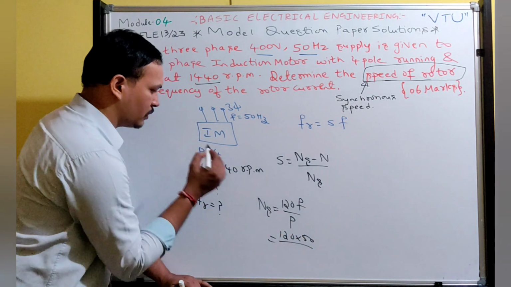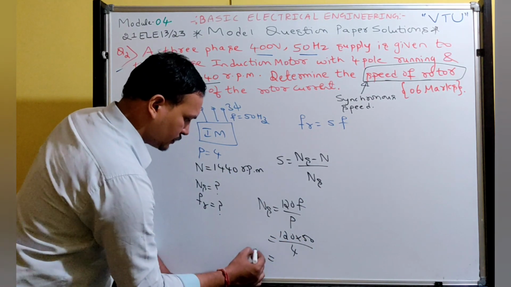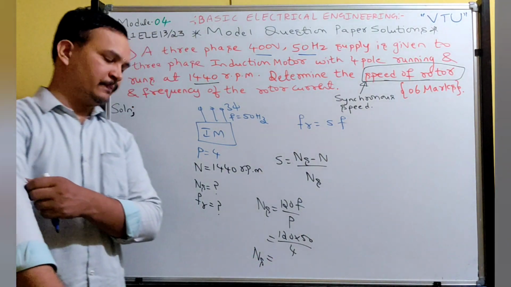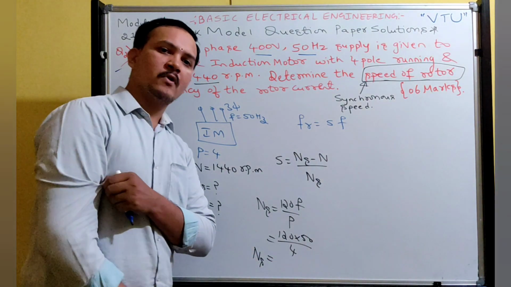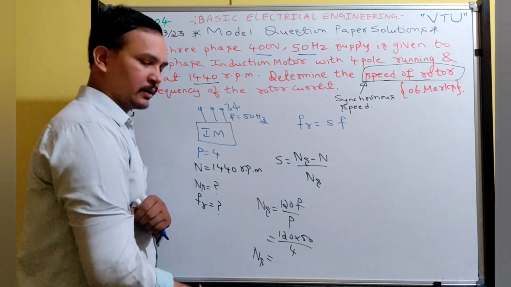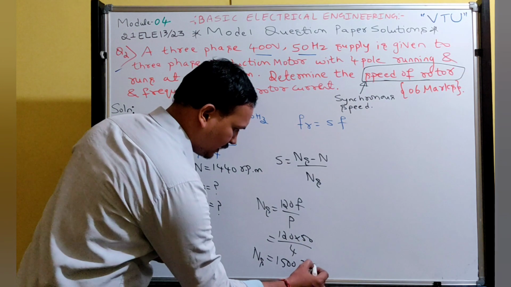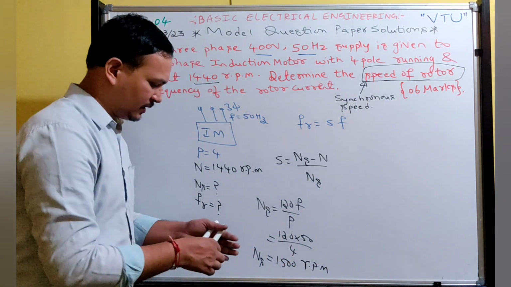Divided by what is the number of poles? 4 poles. So guys, what is the answer? Friends, answer ready? What is the answer? Okay, 1500. Okay, very good. 1500 RPM. I got Ns value.